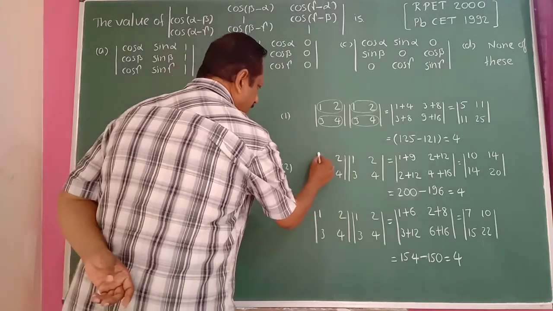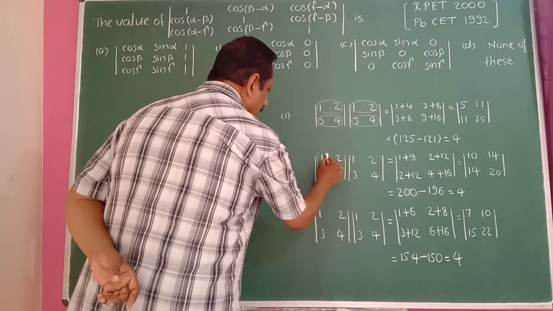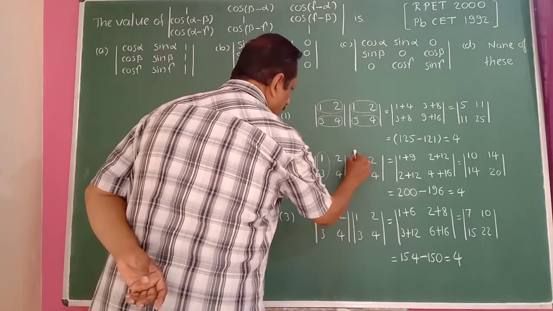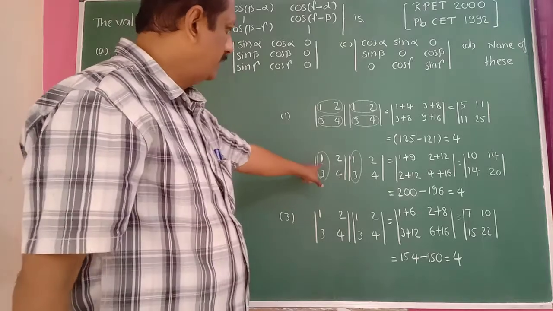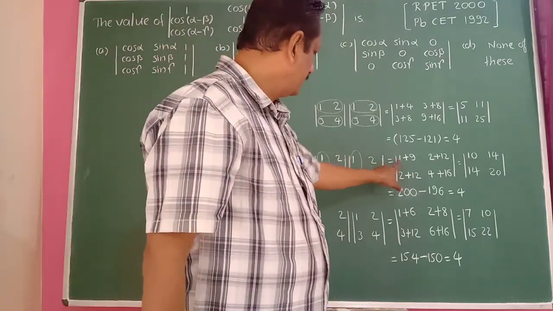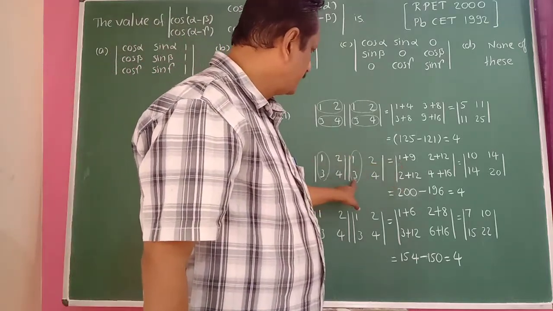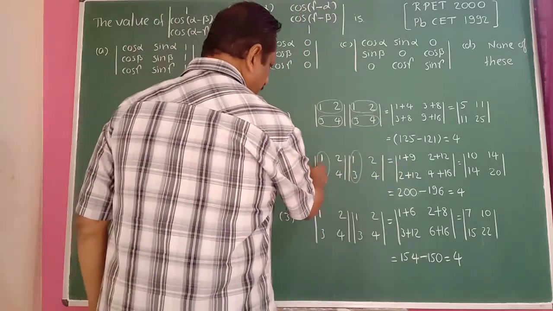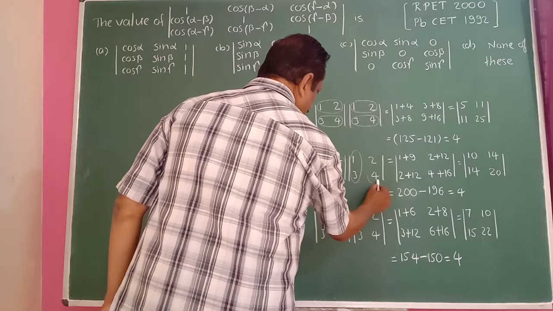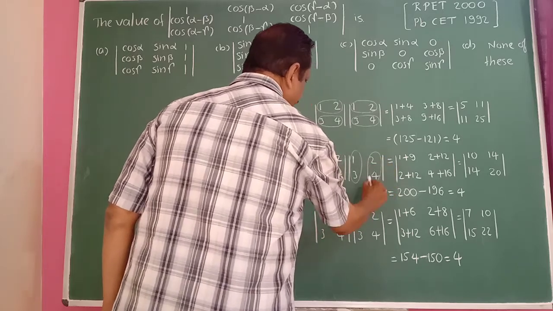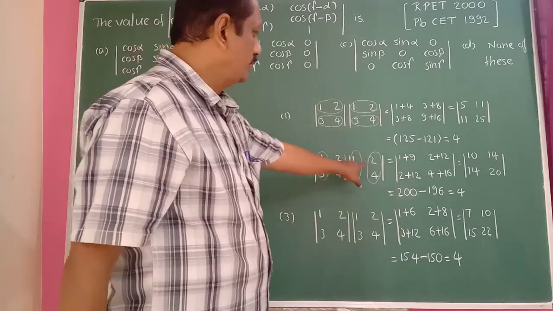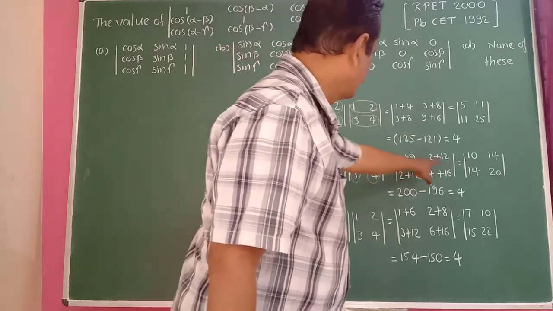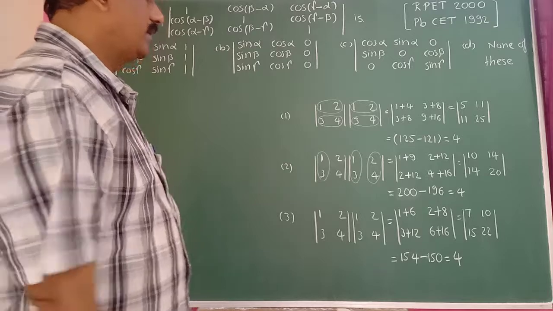So multiply this column with this column. 1 into 1 becomes 1, then 3 into 3 becomes 9, plus 9. Then multiply this column with the second column of the second determinant: 1 into 2 is 2 and 3 into 4 becomes 12.